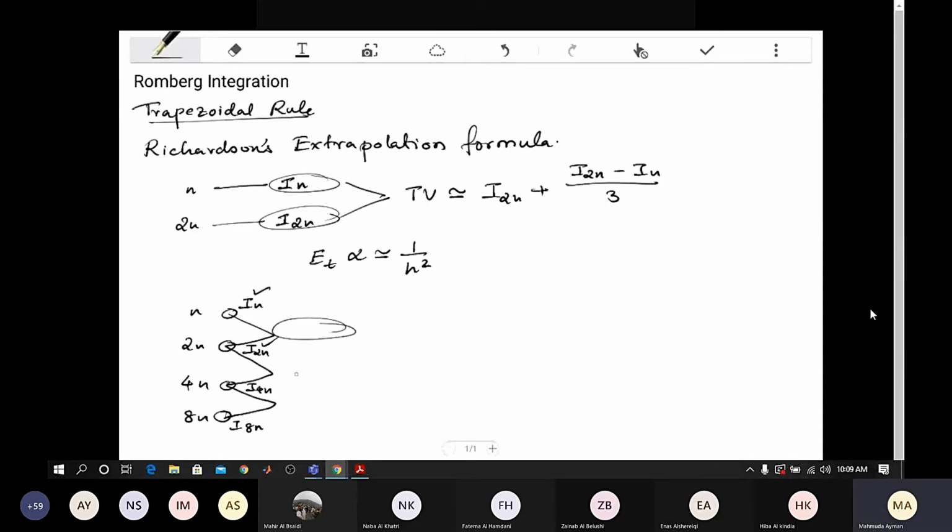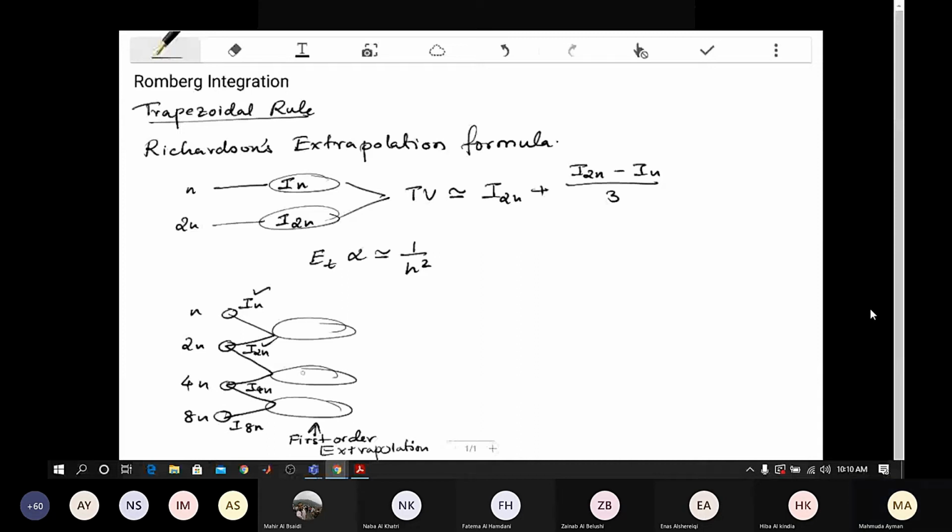And here also you can approximate a better value. So these values here, you will be getting using the Richardson's extrapolation. So this is called the first order extrapolation. And the true error here is approximately proportional to 1 over n squared.